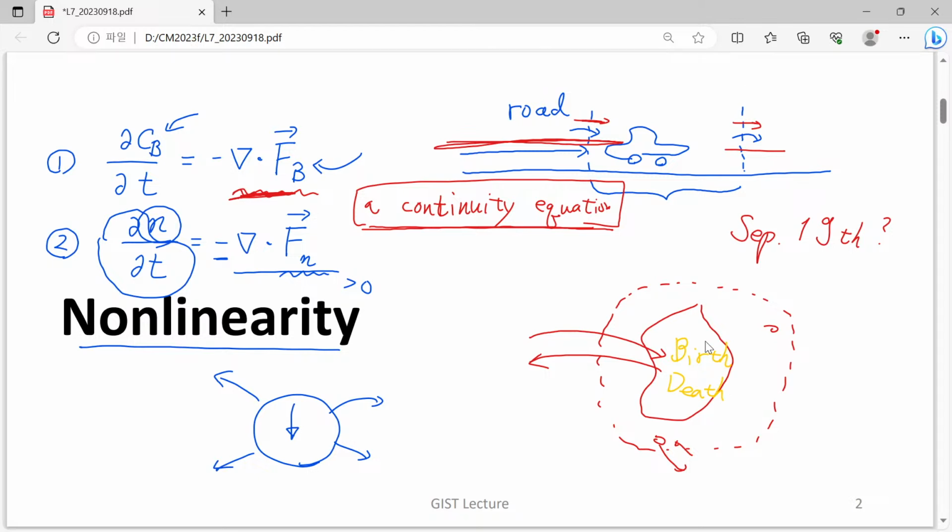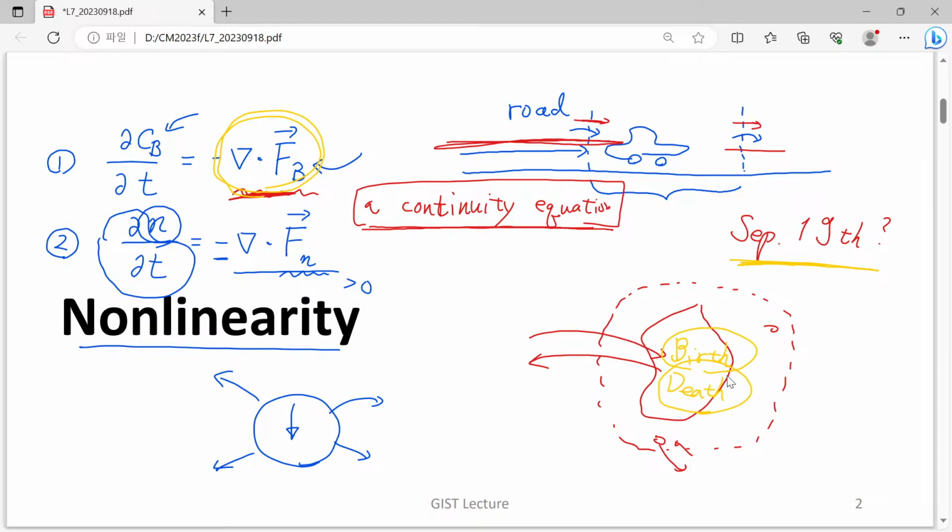So in order to predict the number of persons in the Republic of Korea, we have to consider both the flux related terms and also rate related terms like birth and death.